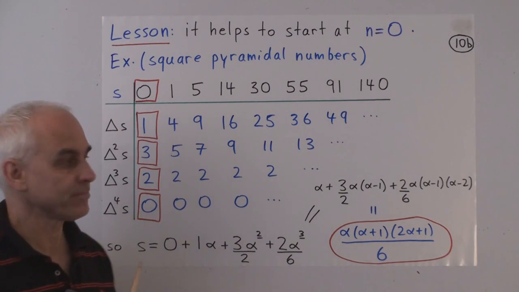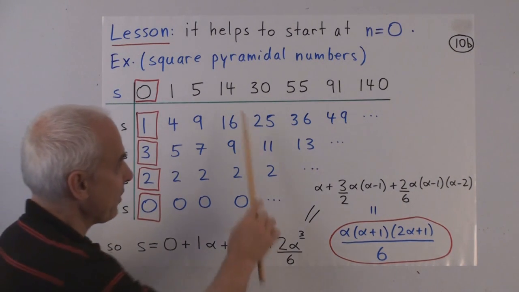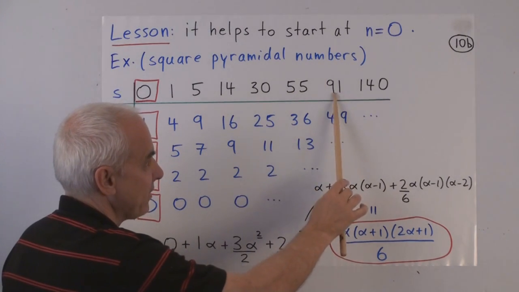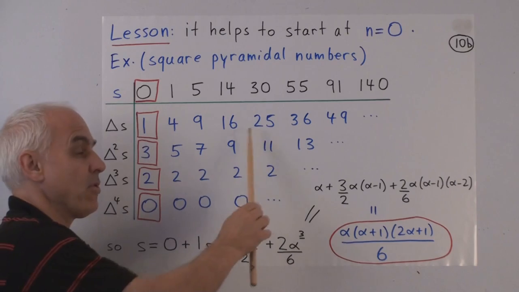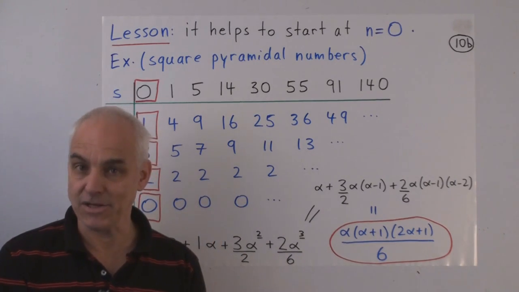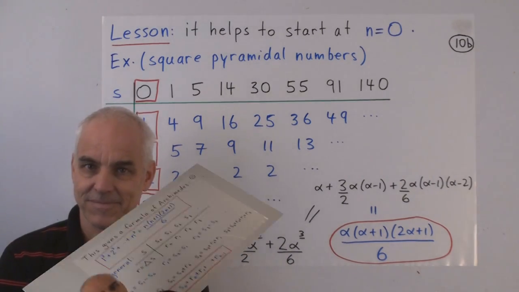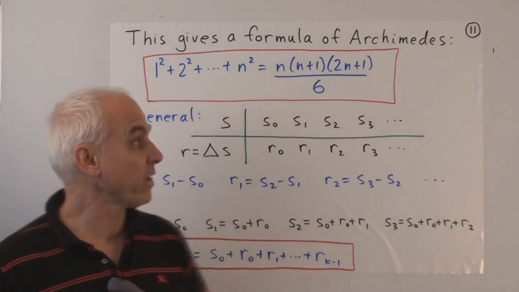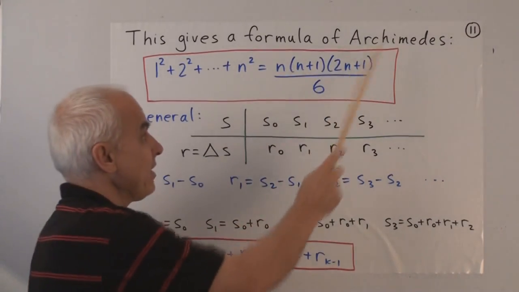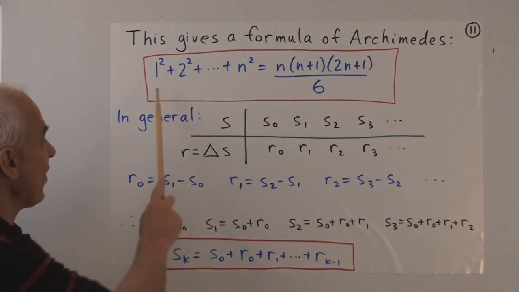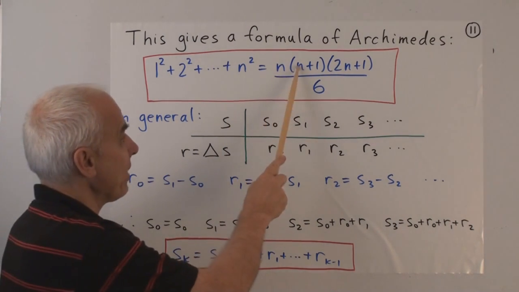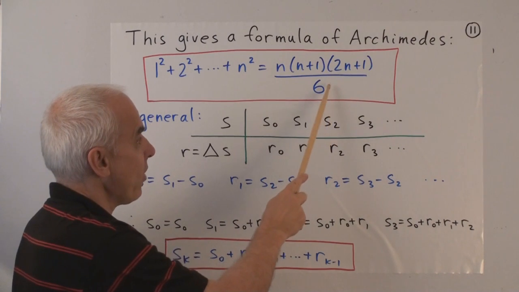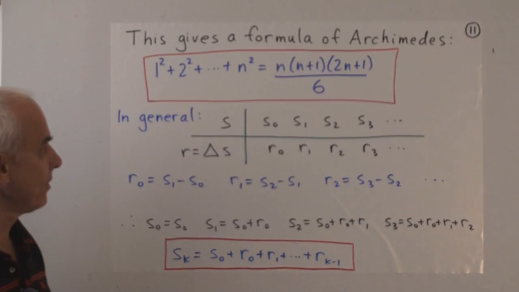In this case, 0. So the fact that we found a formula for the nth term here means that in fact we found a formula for the sum of the first n squares. So here's that important formula that in fact goes back to Archimedes, that the sum of the first n squares is n times n plus 1 times 2n plus 1 over 6.